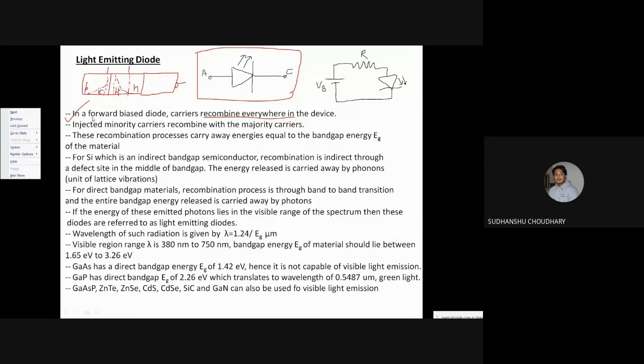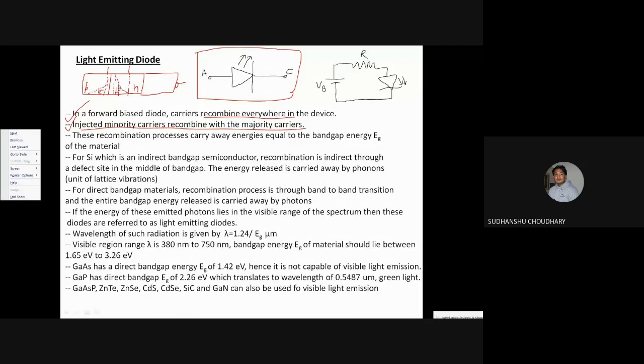So in a forward bias diode, carriers recombine everywhere in the device, not just in the n and p regions but also in the depletion region. That is the second point, which says injected minority carriers recombine with the majority carriers.